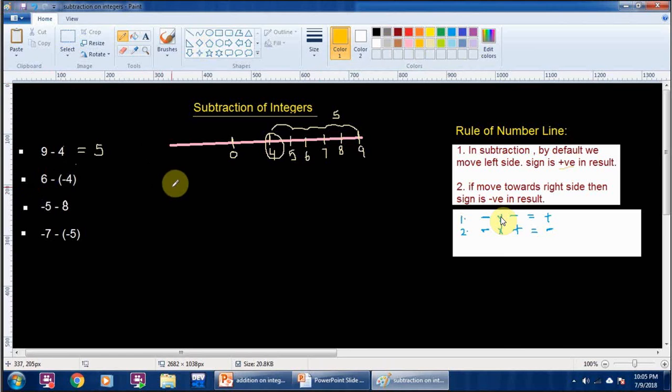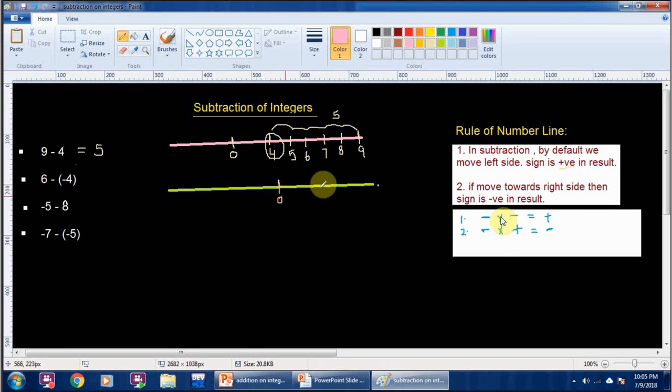For the next example, I am going to draw a line. I am choosing the appropriate color. In this case, 6 is my starting point.